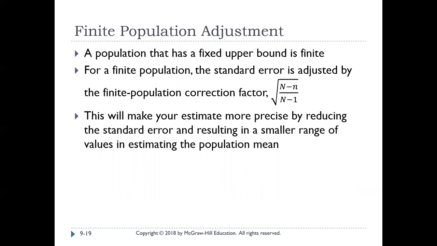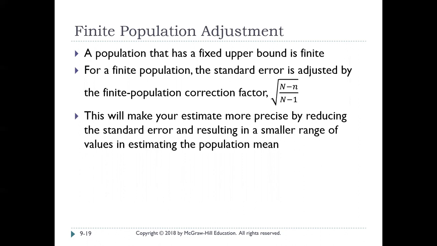A lot of times in applied empirical research, we don't really consider this, though it is something to think about. So the finite population adjustment says, okay, if your sample size is 49, the square root of n is 7, and you can apply that directly to your estimate.